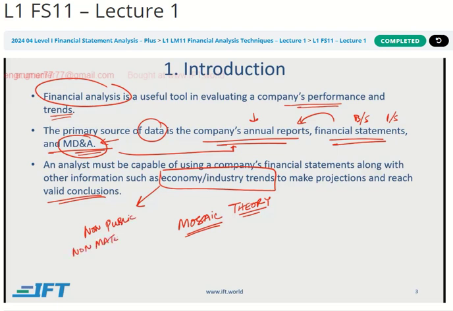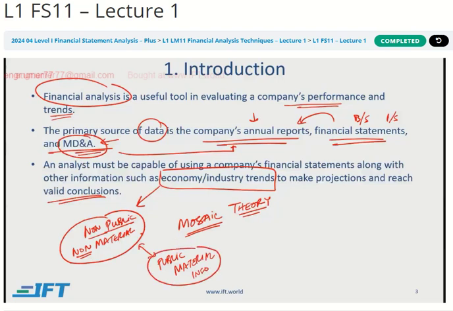Now, material is anything which has certain economic significance that a decision maker with an economic interest in a company would like to know. And you can't use non-public material information, otherwise that is unethical and illegal as well, right? But you can use information which is private or non-public, which is non-material, with public material information, right? You can come up with a theory and invest in a company and actually have fantastic results.